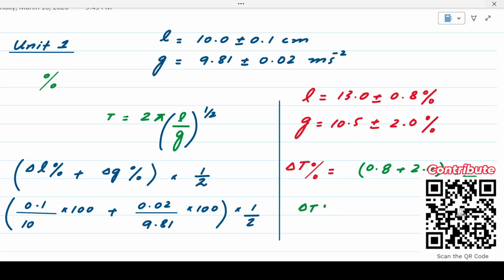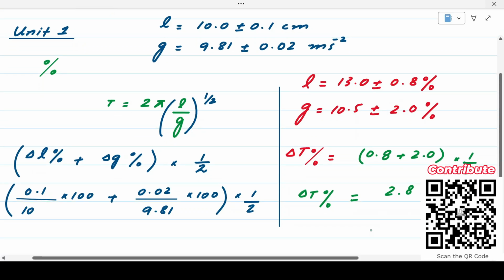Now this one will be something like this: 2.8 multiplied by 1 over 2. So half of 2.8 would be 1.4%. So this is a percentage uncertainty already.